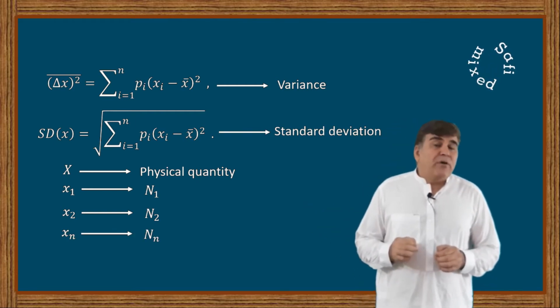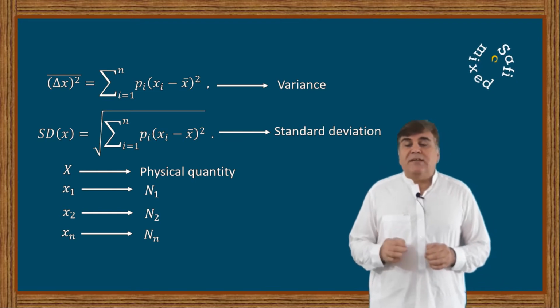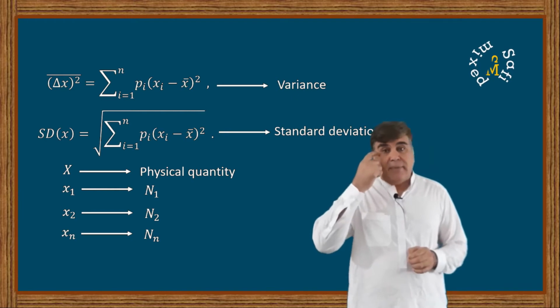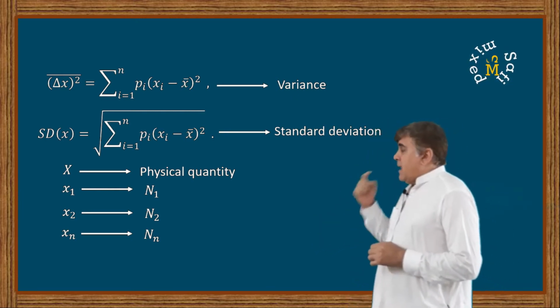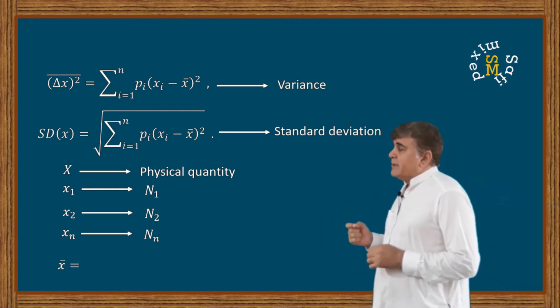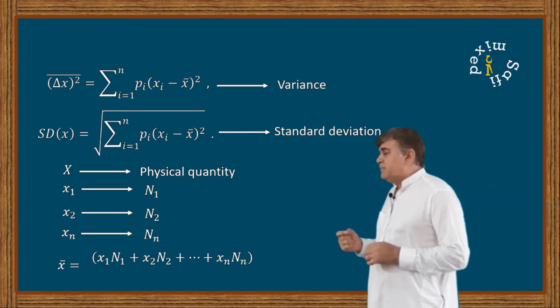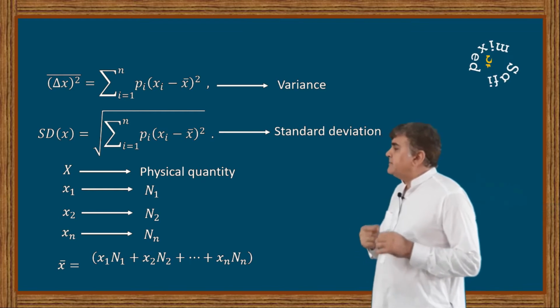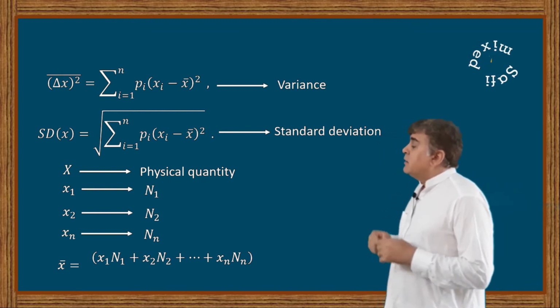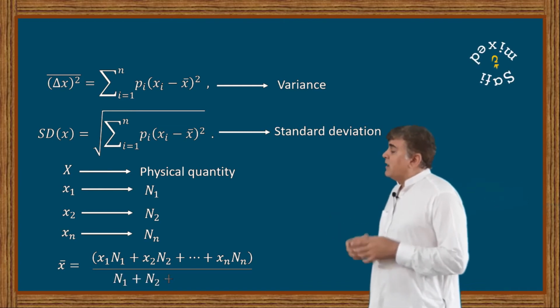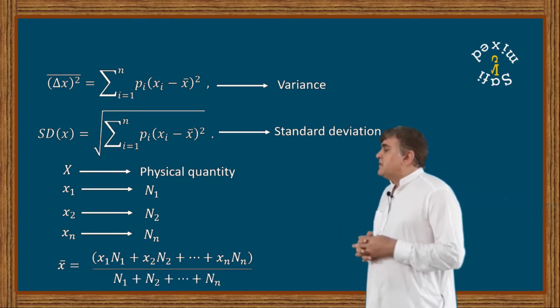Then we know from our videos on probability theory that the average or mean of this data is given by x bar equals x1 times n1 plus x2 times n2 plus up to xn times nn, the whole divided by n1 plus n2 plus up to n sub n.